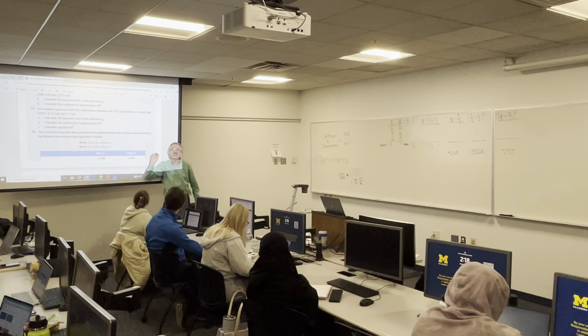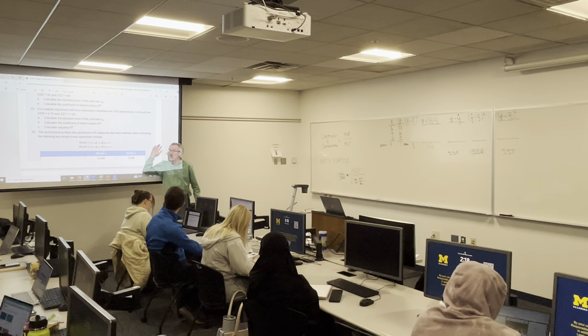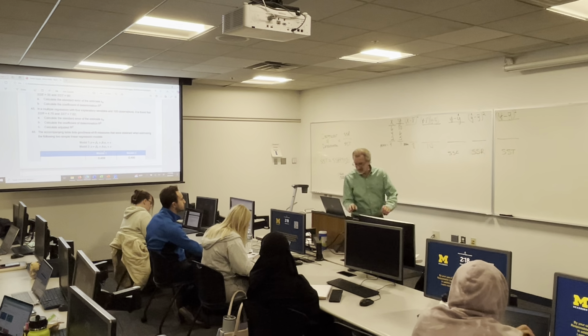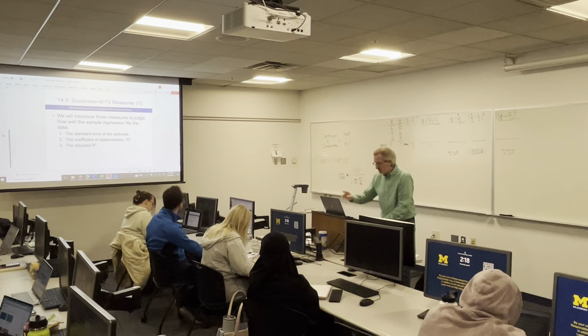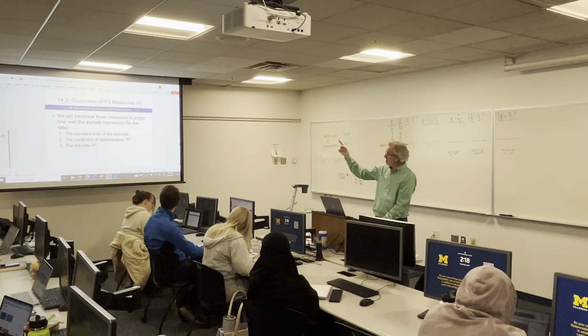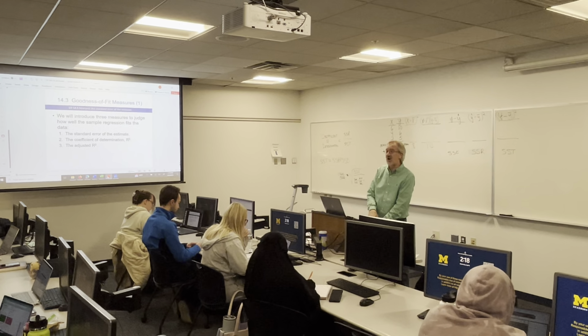So if you notice, both model 1 and model 2 have only 1 explanatory variable. When they have the same amount, both have 1, or they both have 2, or they both have 3, you are to use, let me go back to the PowerPoint, number 1 or number 2: either the standard error of the estimate or the coefficient of determination R squared.